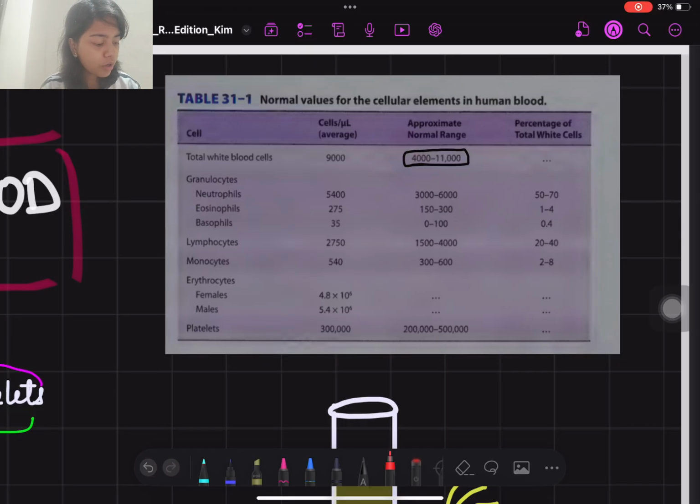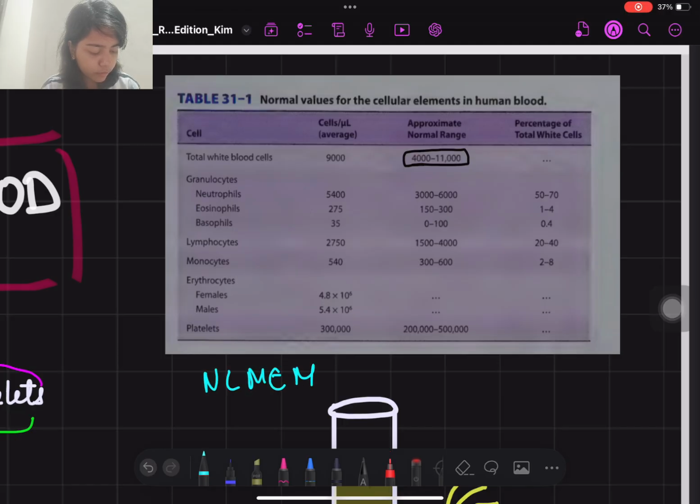So total WBCs 4,000 to 11,000, remember. Then in WBCs you will have neutrophil, lymphocyte, monocyte, eosinophil, basophil. So how do you remember it is NLMEB.